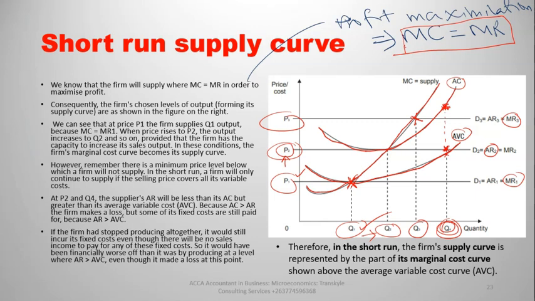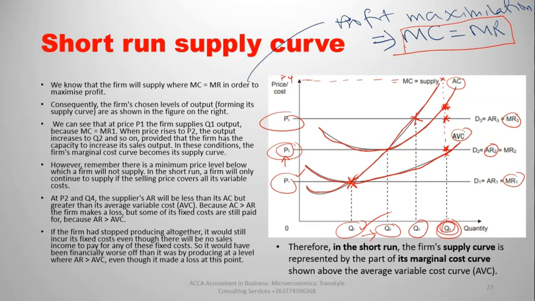The marginal revenue for this quantity would be at this level, all right, but the marginal cost will be higher. All right, so the cost would be, let's say, at price P4 here.